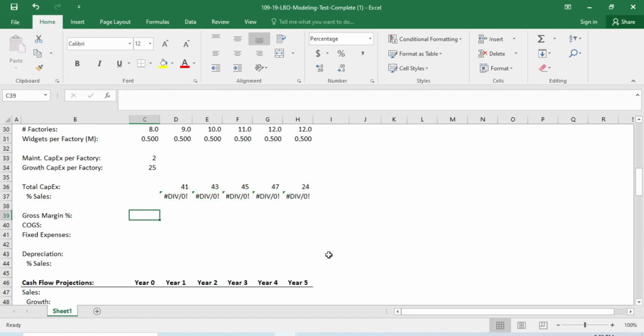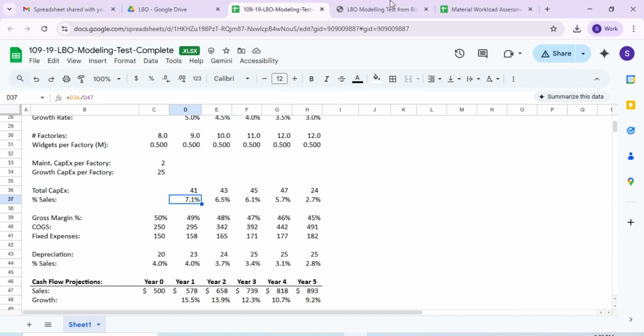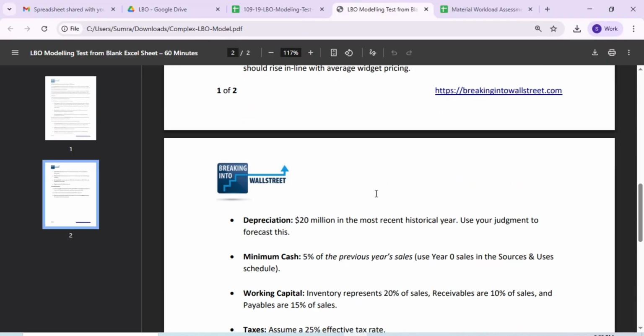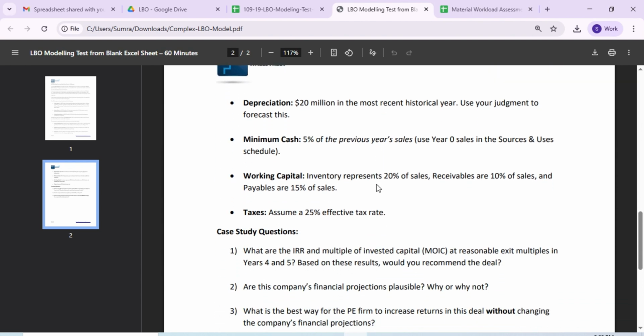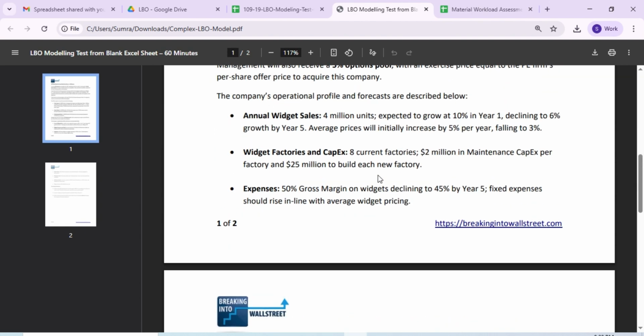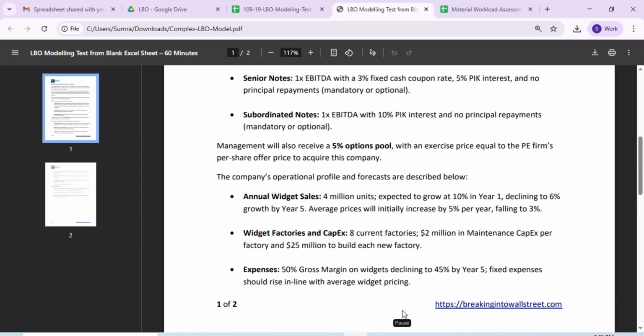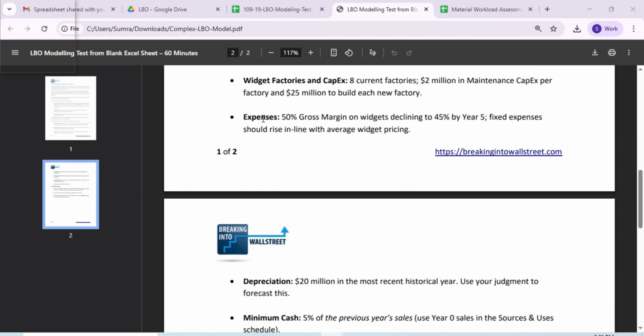Okay. Gross margin. Any information about gross margin? Okay, gross margin expenses 50%, gross margin on widgets declining to 45% by year 5. Fixed expenses should rise in line with average widget pricing. Like whatever the increase in widget pricing is, the fixed expenses will grow accordingly.